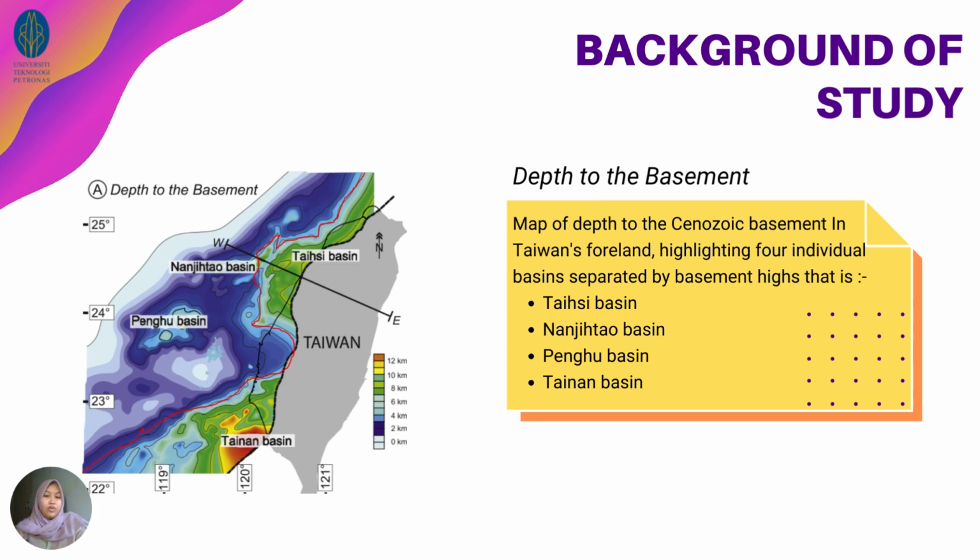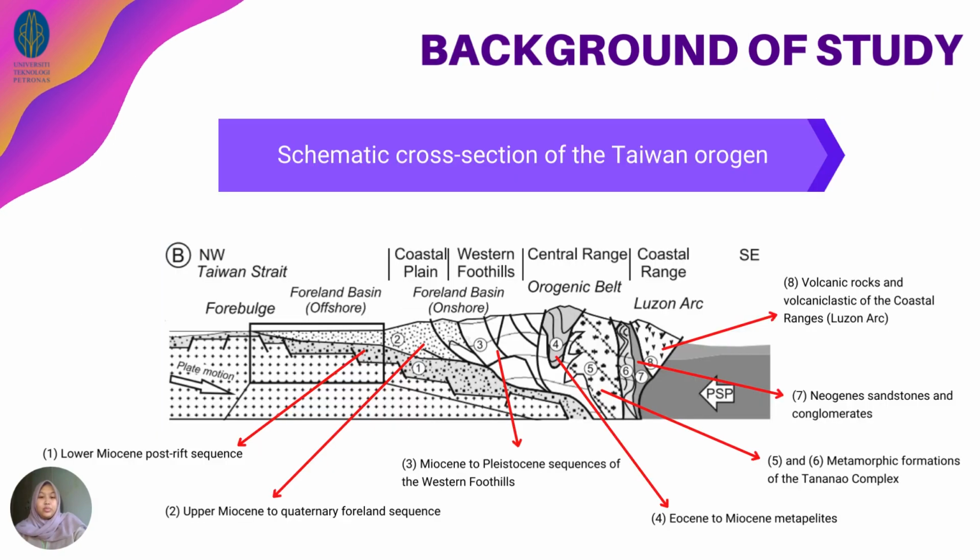In this Taiwan foreland there are approximately four individual basins: Taishi Basin, Nanjitao Basin, Penghu Basin, and the Tainan Basin. The Nanjitao Basin is partially covered by a distal foreland basin sequence, and the Taishi and Tainan are separated by the Penghu High, as I said before.